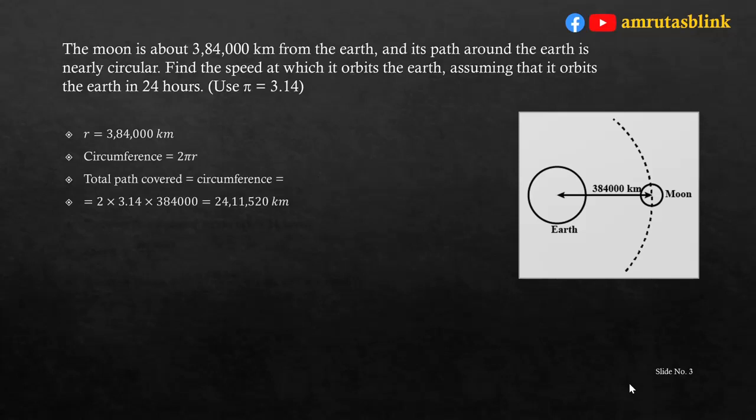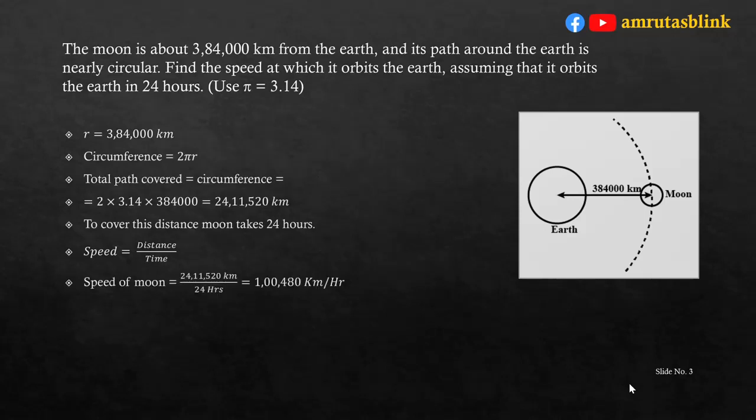Now, in the question, they have asked us to find the speed at which it orbits around the Earth, assuming that the orbit takes 24 hours, the moon takes 24 hours to complete one orbit. Now, we know that speed is equal to distance upon time.